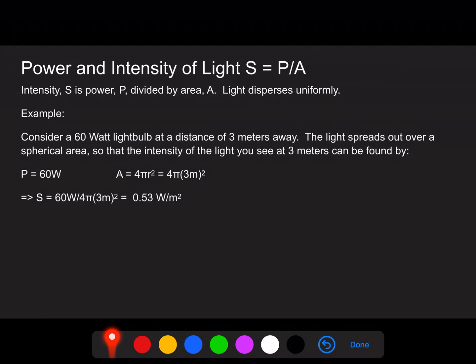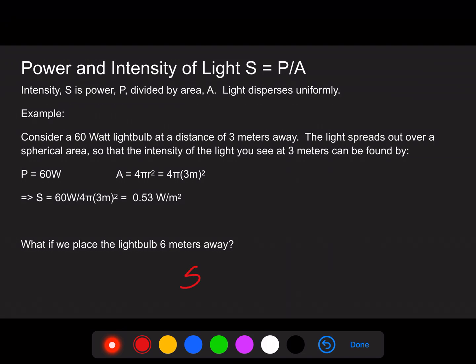Now, just like any other inverse square law, if we now double the distance away, say for example we place the light bulb now 6 meters away instead of 3 meters away, I don't even need to go through all of this calculation from scratch. I've gone twice as far away, and since this is an inverse square law, just the same way that Coulomb's law was, I am now going to divide by that twice as far away squared, so I'm going to divide by 4.